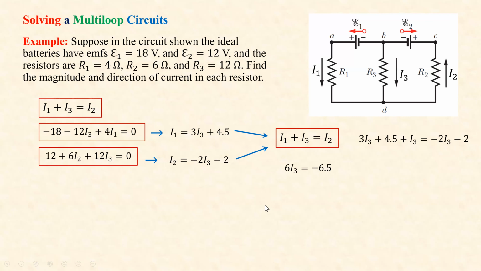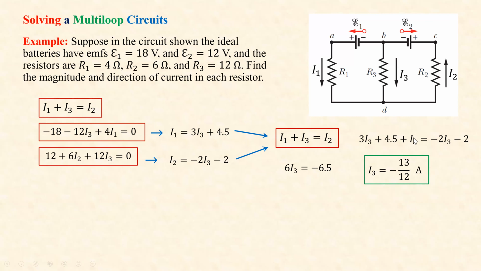If you divide by 6, negative 6.5 divided by 6, you can multiply both numerator and denominator by 2, you get negative 13 over 12 amps. This A is amps, the unit. So I3 is negative 13/12 of an amp.